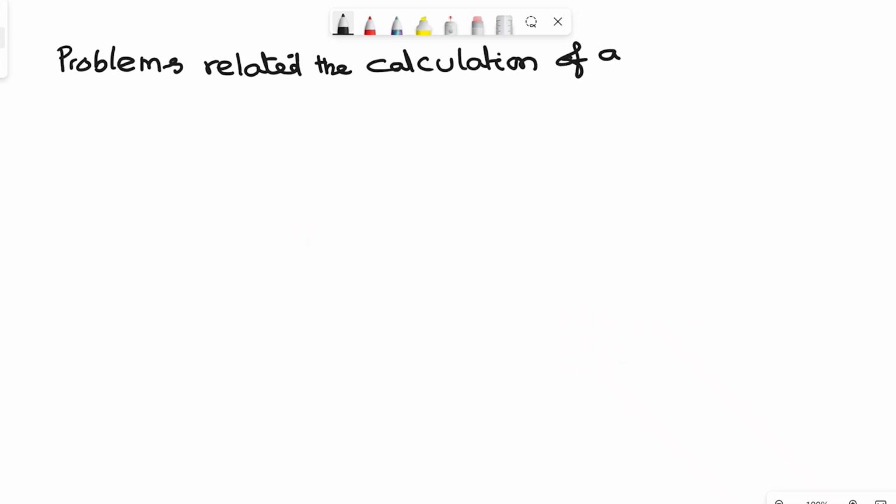Problems related to the calculation of acceleration of fluid.